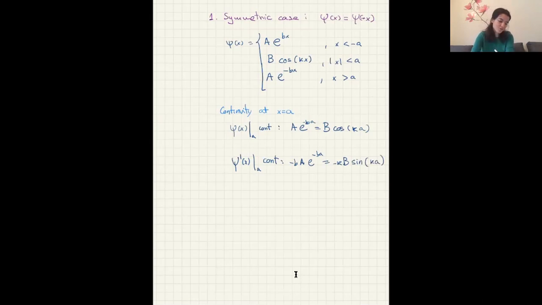And in addition to all of this, there's also a normalization of the wave function, by which I mean one is this.